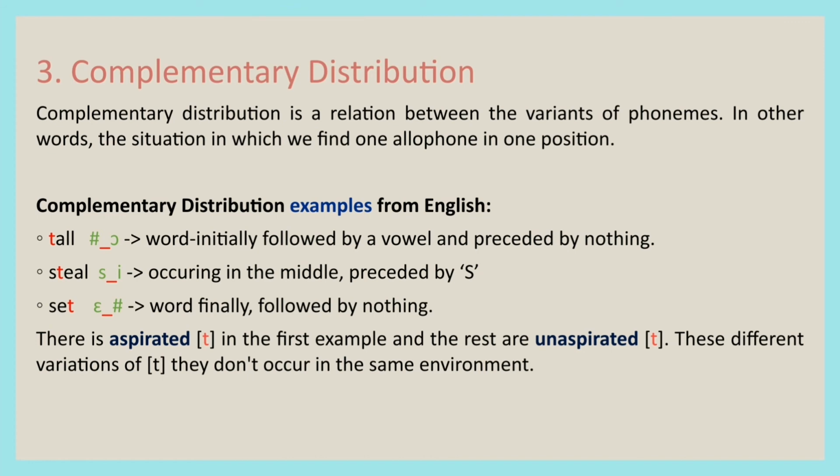And then, as in the word sat, it is word finally followed by nothing. There is aspirated t in the first example, and the rest are unaspirated t. These different variations of t, they don't occur in the same environment.